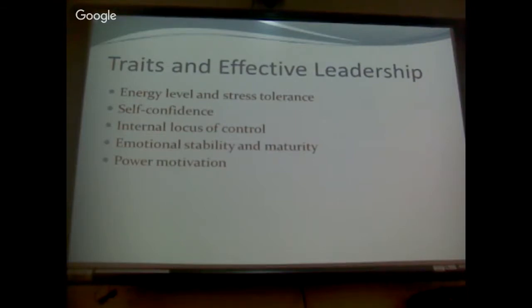Internal locus of control, if you had social psychology, you might have talked about this. The idea of internal locus of control has to do with, to put this in plain psychological language, how you assign or attribute causes. So the person who is external with respect to locus of control is somebody who pictures the world from the perspective of it's not them, it's the environment.